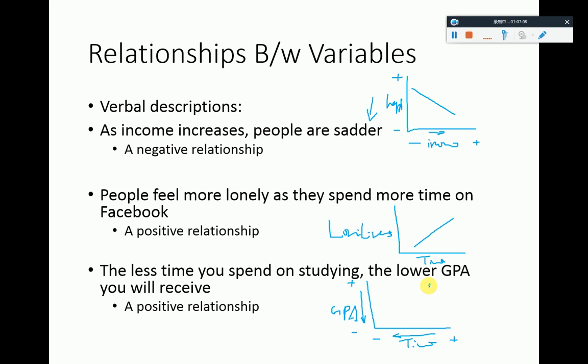If you spend less time, you will have lower GPA compared to if you spend much more time, you have much higher GPA. Less time, lower GPA.